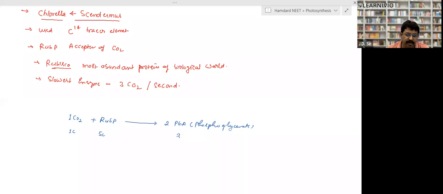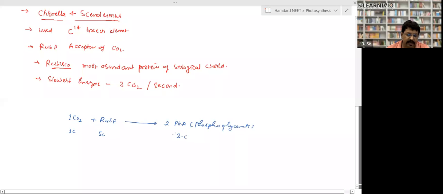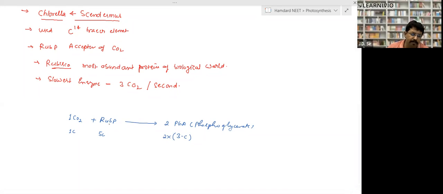Phosphoglycerate is a 3 carbon compound, but here formation of two molecules takes place. So the number of carbon atoms is equal on both sides, right? So this RUBP is the primary acceptor of carbon dioxide. Did you get my point? Is that clear?